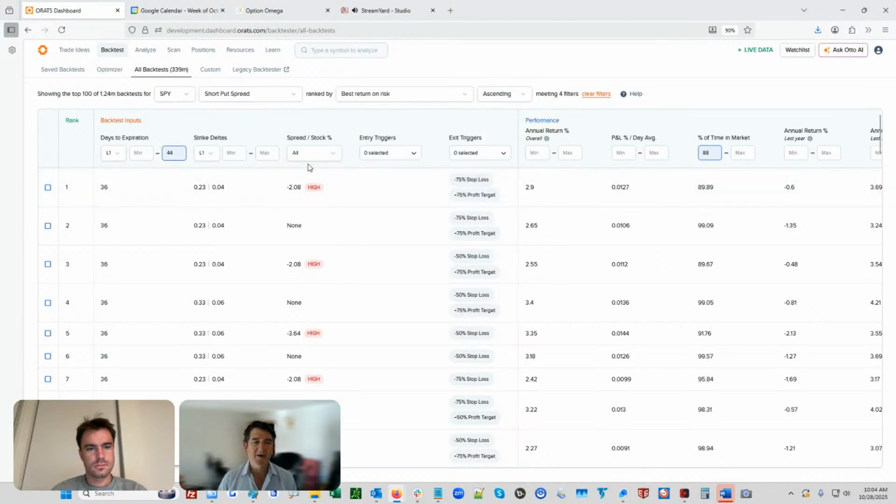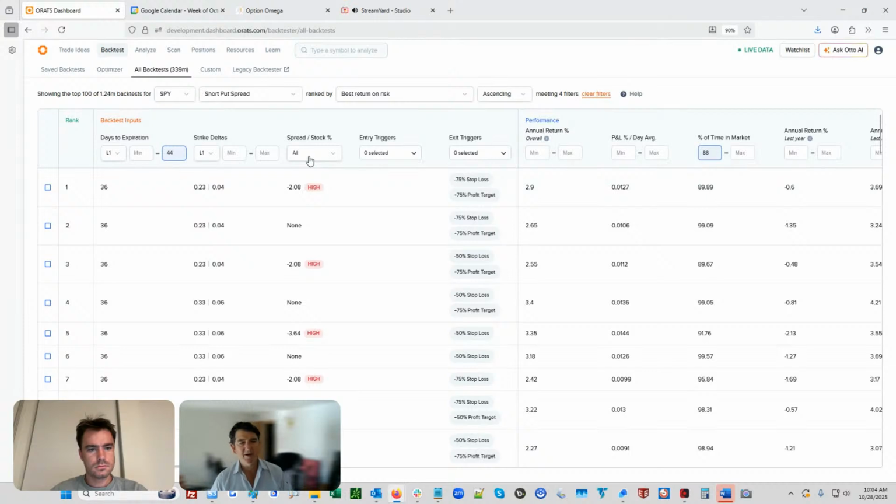We have various ways to filter down. You could look at every leg and look at days to expiration. So I'm looking at a short put spread, so I want some theta. So I put the max days at 44. The deltas, I don't mind, out of the money right now.